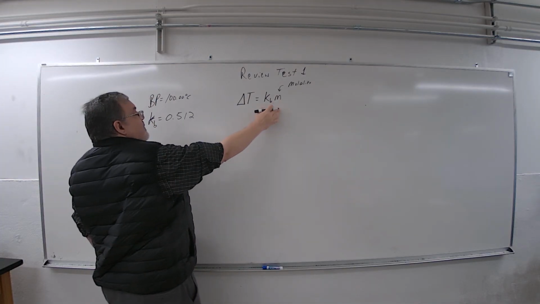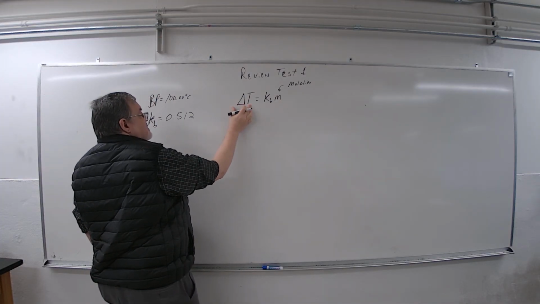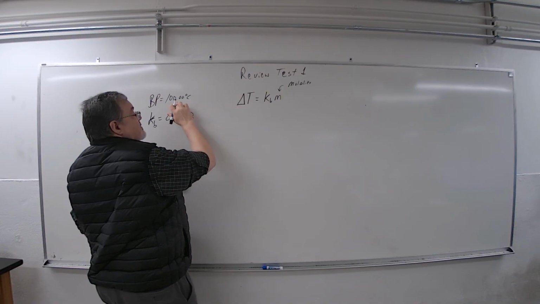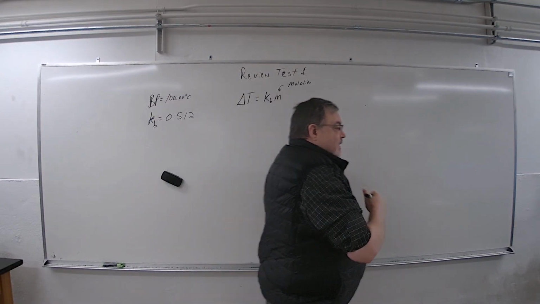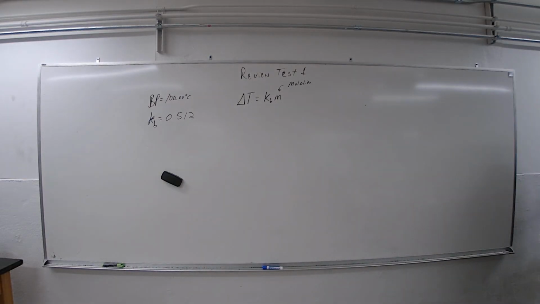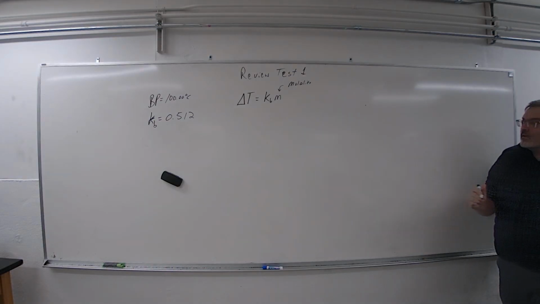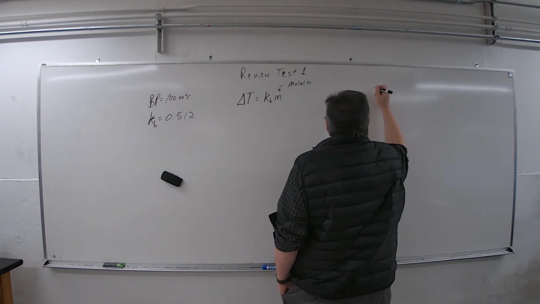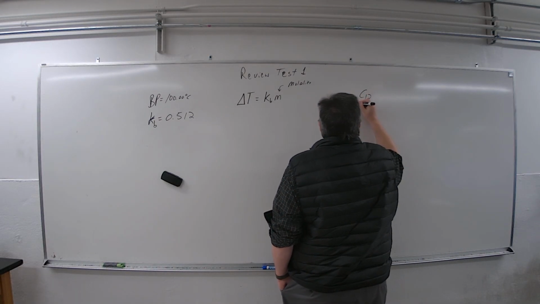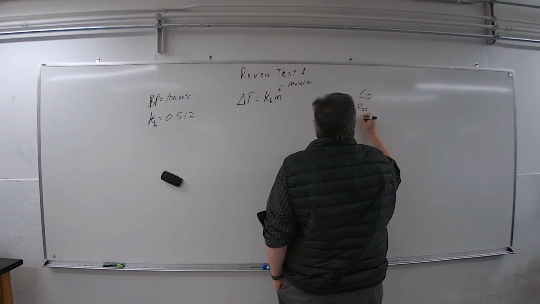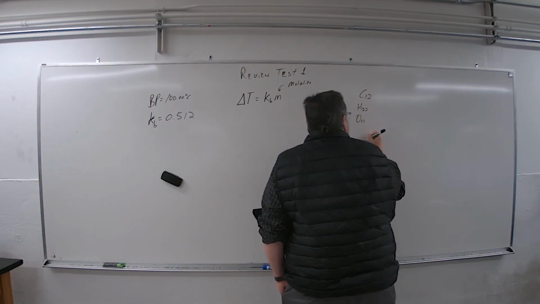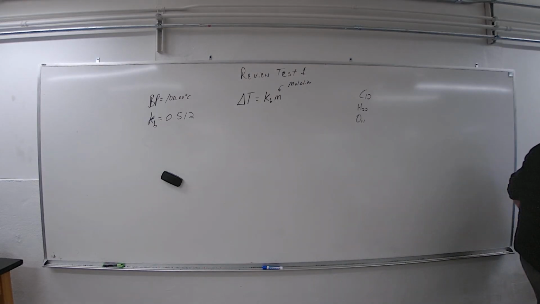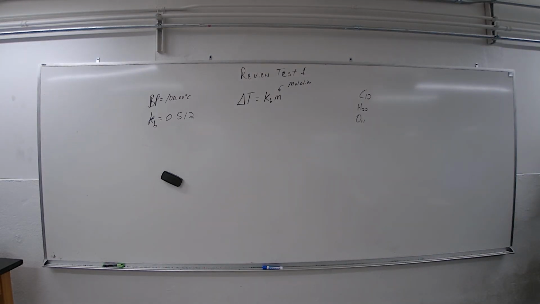We use KB, we multiply it by that. That's the change in temperature. Then we have to apply that change to 100 degrees. So finding molality here. So sucrose is a solute.